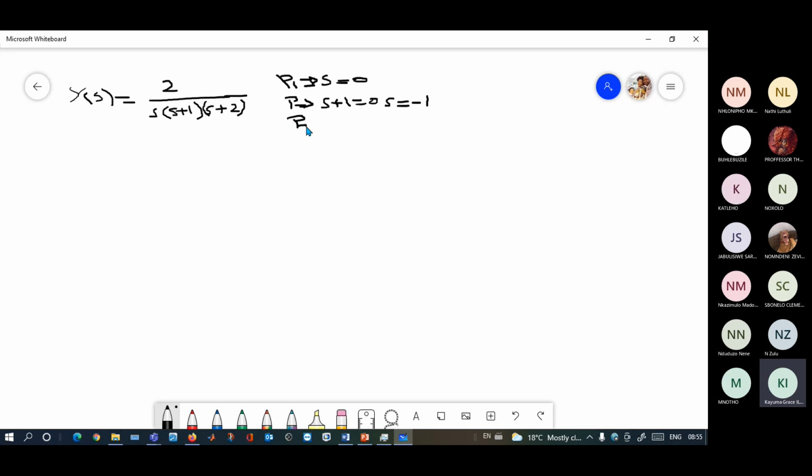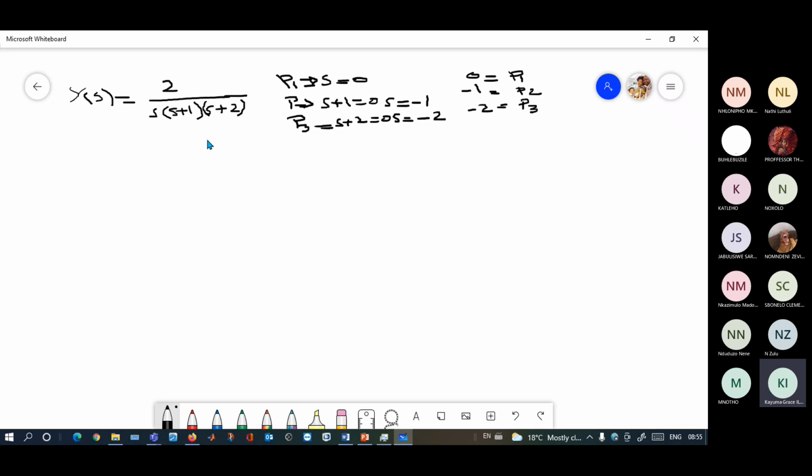And P3 is going to be s plus 2 is equal to 0, s is going to be minus 2. So I have three poles: 0, minus 1, and minus 2, which are P1, P2, and that one is P3. Okay, so this is what we have there.